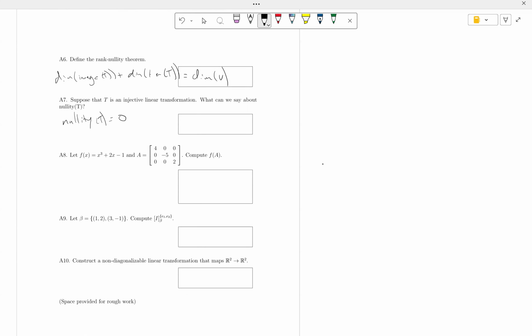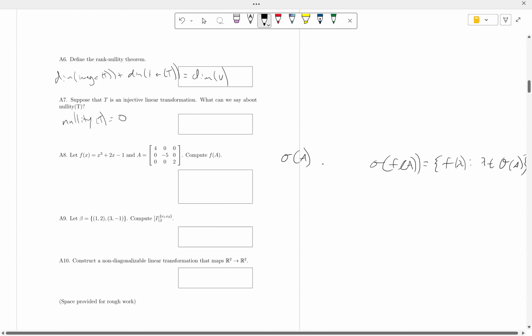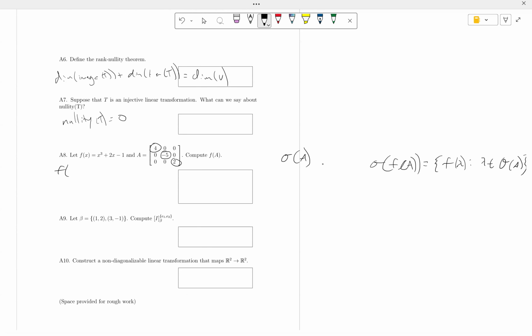Here we showed in our last tutorial that if I have a diagonalizable matrix, and I look at the characteristic values of f applied to that matrix, this equals the set of f of lambda, where lambda is in the spectrum of the original matrix. So I'm going to apply f to each of these values. Now the eigenvalues of the original matrix are 4, minus 5, and 2.